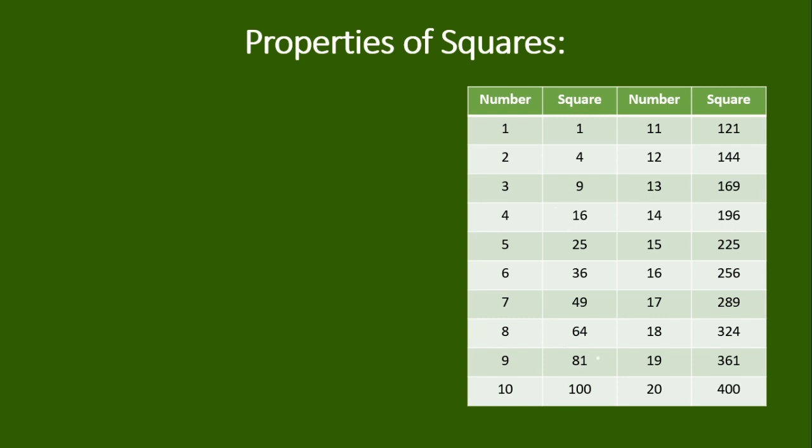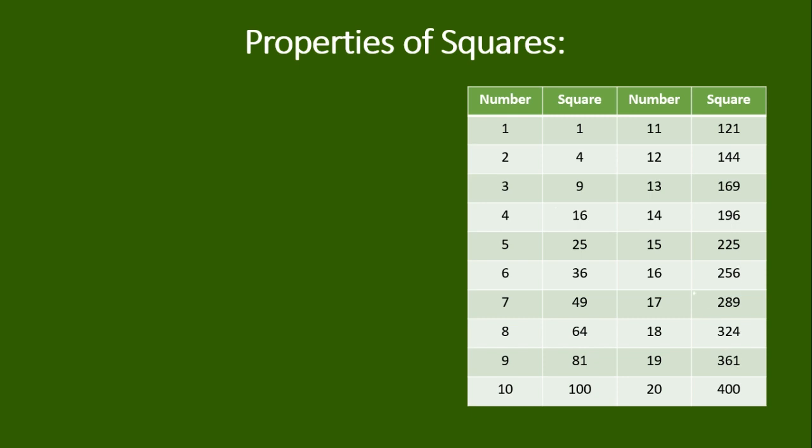Here you can see that the units places of these square numbers have the numbers 1, 4, 9, 6, 5, 6, 9, 4, 1, 0, again 1, 4, 9, 6, 5, 6, 9, 4, 1, 0.